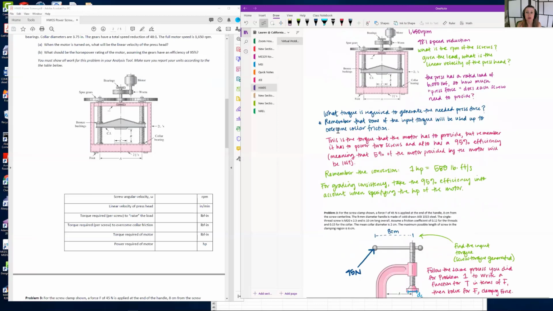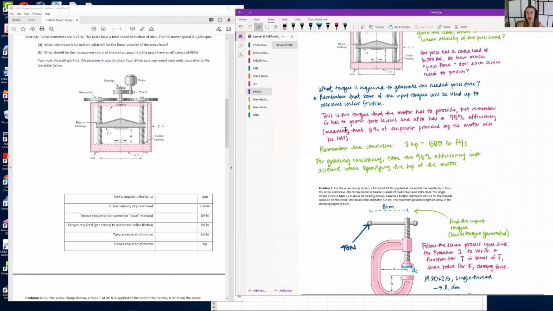From there, what torque is required to generate the needed press force? And remember, just like in the previous problem, some of the input torque will be used up to overcome collar friction. This is the torque that the motor has to provide, but remember it has to power 2 screws, and it also has a 95% efficiency, meaning that about 5% of the power provided by the motor is going to be lost.